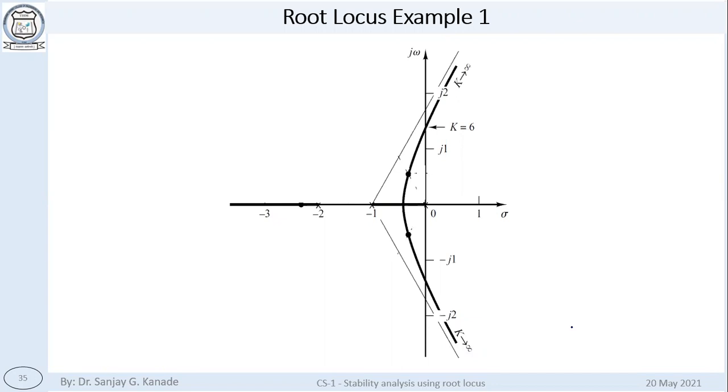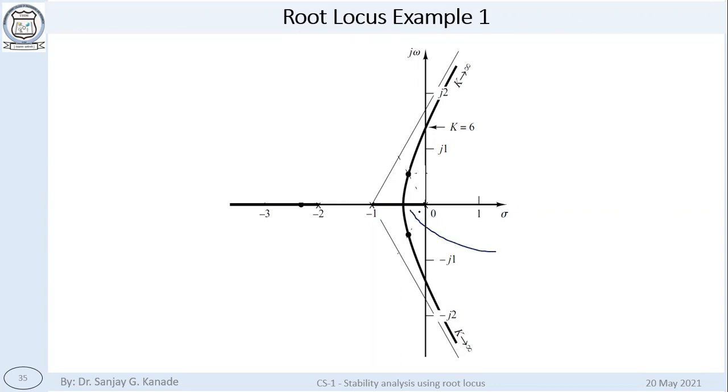So this is the root locus that we have now drawn, right? From -2 towards minus infinity, we have the root locus. From 0 to -1, we have root locus.